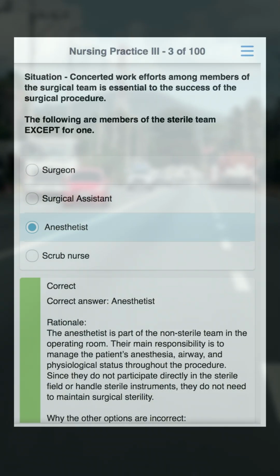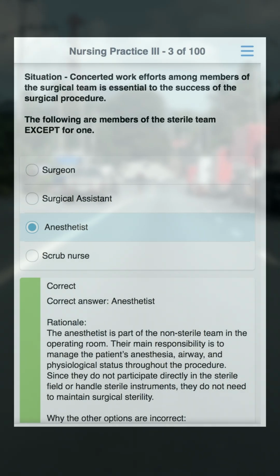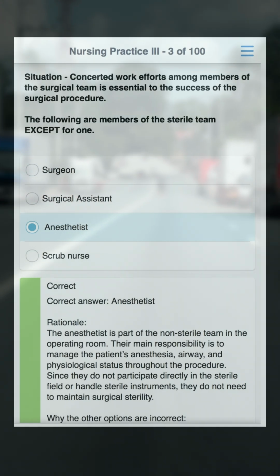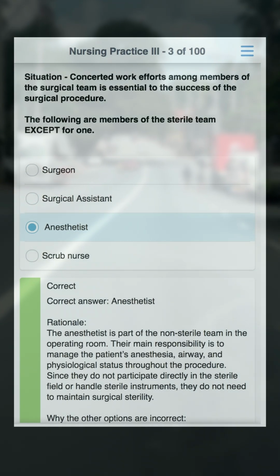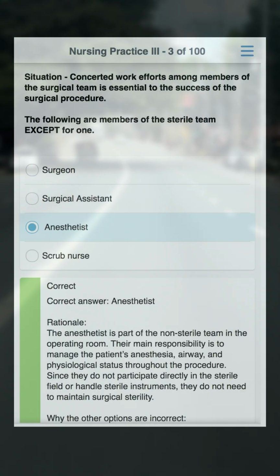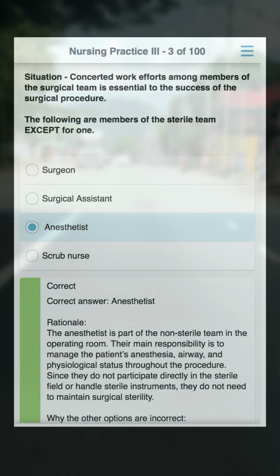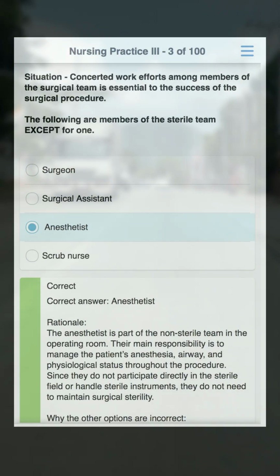Trap number 4, focusing only on the importance of the role. The anesthetist is very important, but the question is not asking who is important. It is asking who is part of the sterile team. Always identify exactly what the question is asking. Now let us create a simple mental picture.